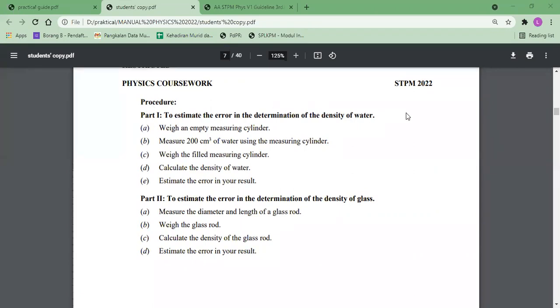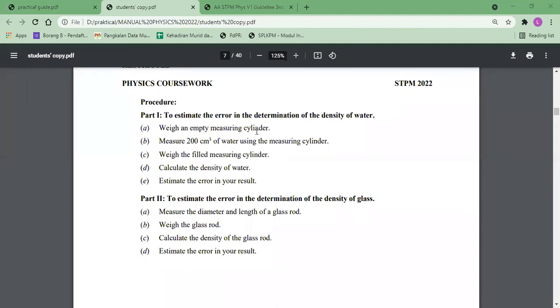This is the instruction from the procedure in instruction form, asking you to do something. So in your report, you must convert it into passive form. For example, wet an empty measuring cylinder.